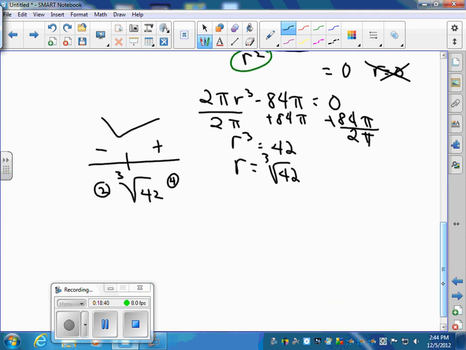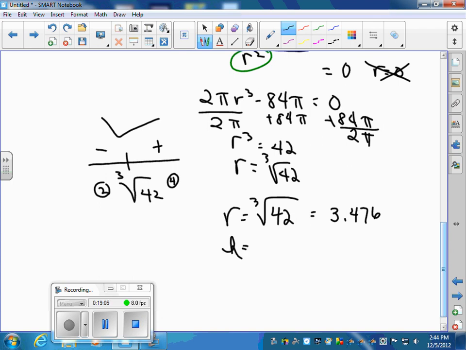So we now know that the radius is the cube root of 42, which if we want that in decimal, we could switch that over. And the cube root of 42 is 3.476. Then we also need to find out, because the question was what were the dimensions, the height.